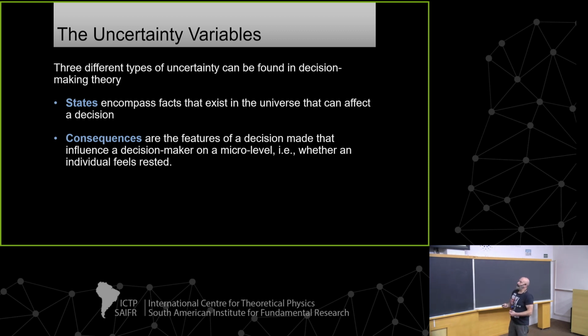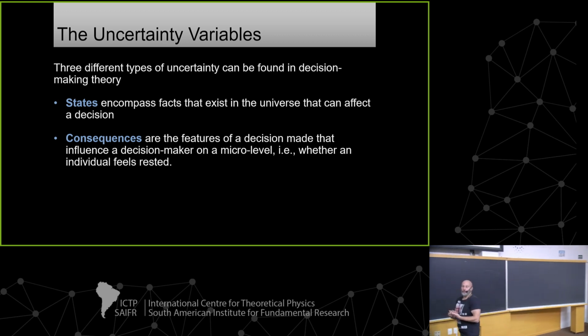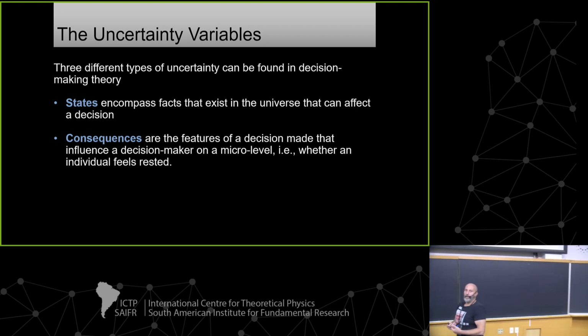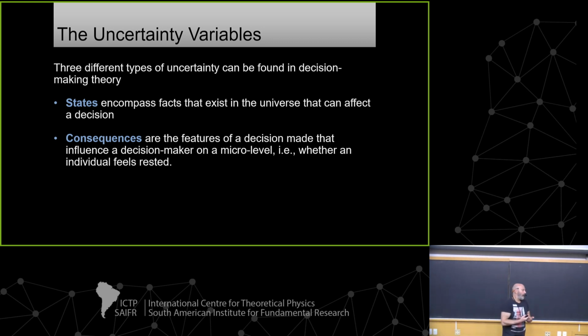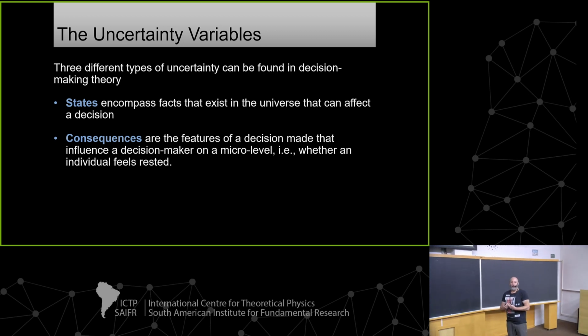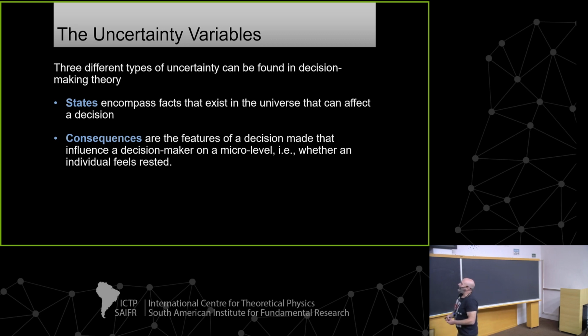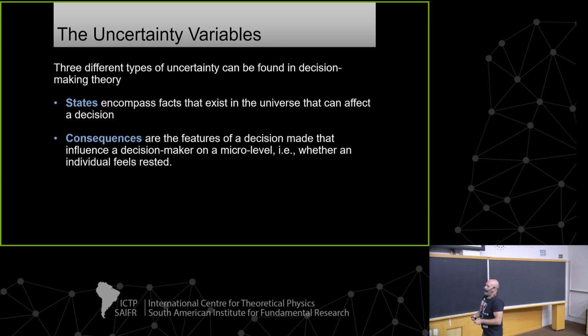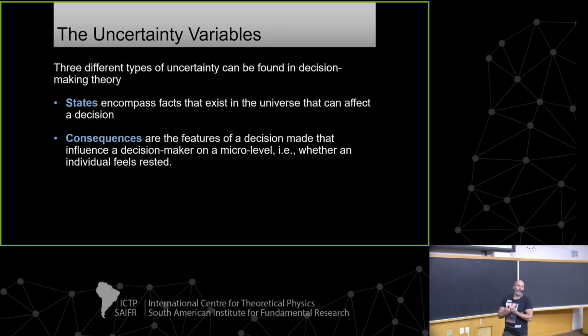Consequences. Once I make a decision, I am not sure what will be the consequences of this decision. For example, going back to the elections, I assume that I will vote for a candidate because this candidate has been promising wonderful things, and we know the politicians. So the consequence cannot be anticipated. I choose a candidate because I like the proposals, but then this candidate does whatever he or she wants to do.